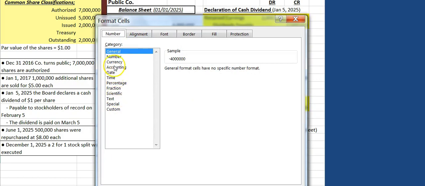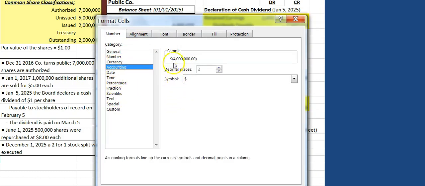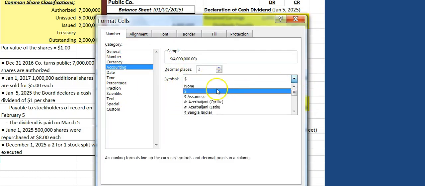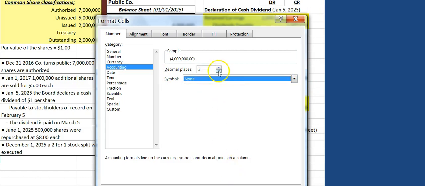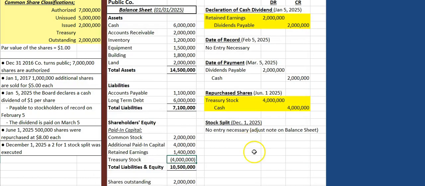Let's use the accounting way of doing it in parentheses. Okay? So notice that we have $10.5 million here, and we need to take away the $4 million that we used to purchase those treasury shares, okay? So the accounting equation is still in balance, okay?